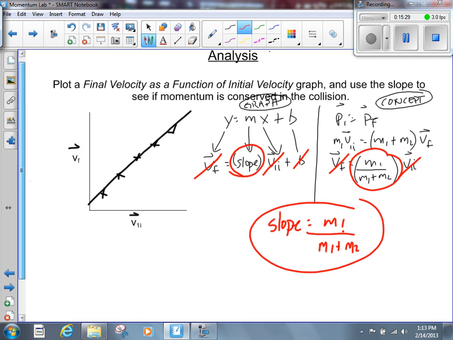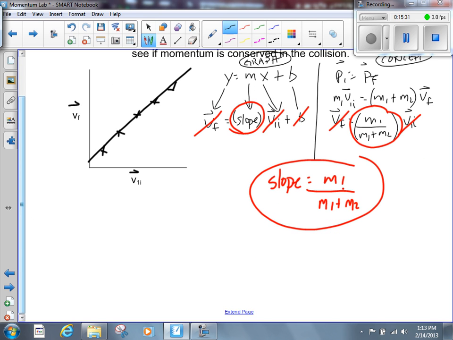All right. So what are we going to do with this to verify the law of conservation of momentum? The first thing that I want you to do is to calculate the slope. And you're not going to calculate the slope using this crazy analysis here. You're going to calculate the slope the old-fashioned way.